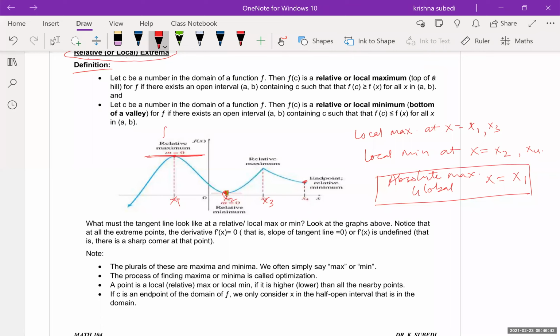That means the derivative is 0. If I draw a tangent line at the minimum point, again the derivative is 0 here. Okay, the derivative is 0 at this point. If I look at this point right here, which is another local maximum, at this point the derivative is undefined.